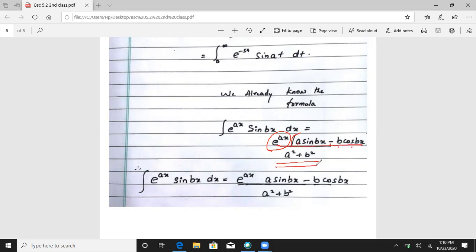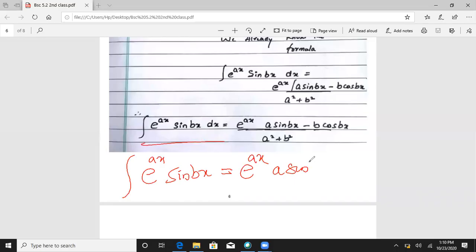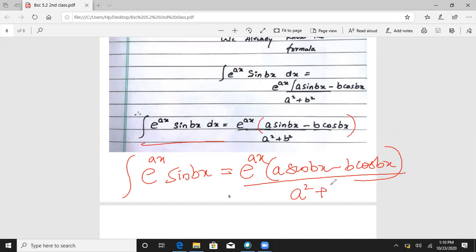Okay, this is your standard formula. See here carefully. The integration of e to the power ax sin bx is equal to e to the power ax into a sin bx minus b cos bx divided by a square plus b square.